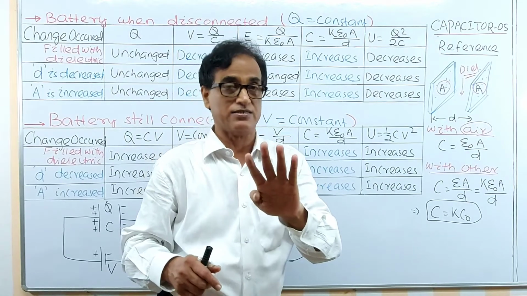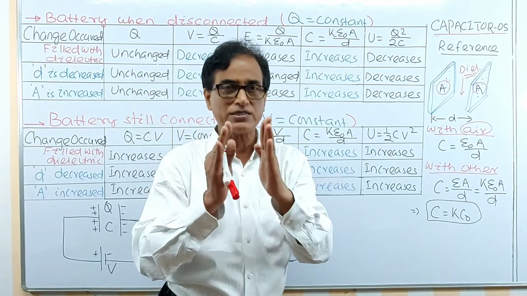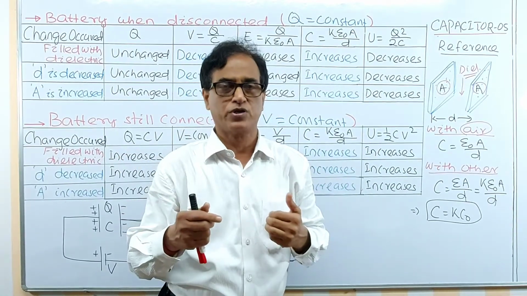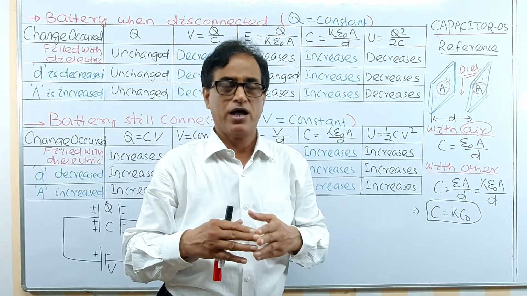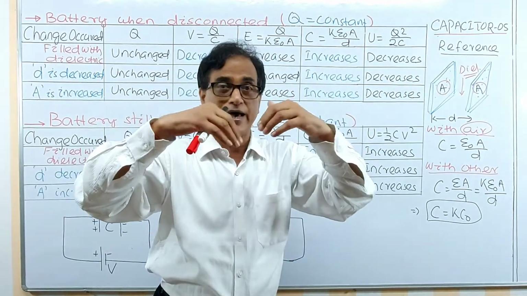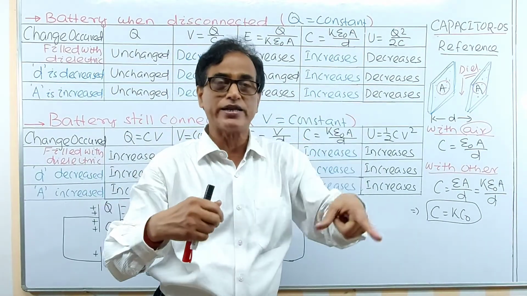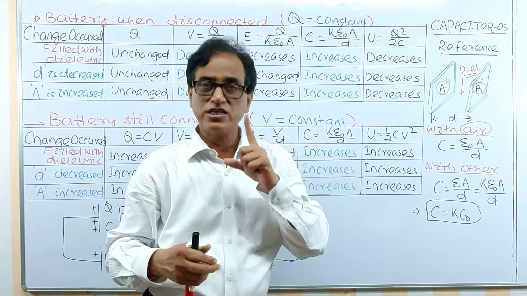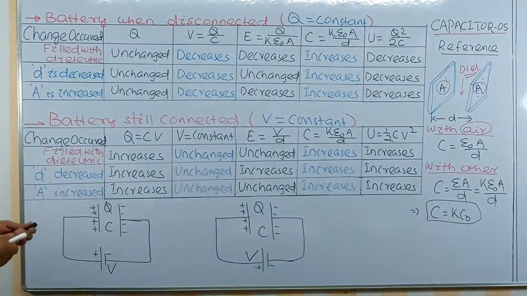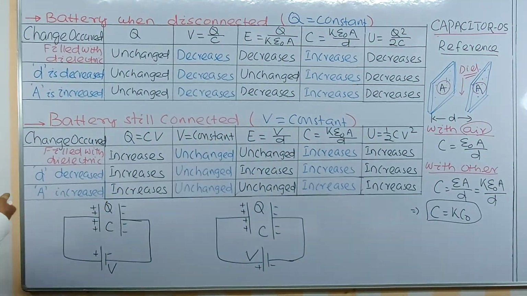In these three cases, if you decrease the separation, capacitance increases. If you increase the area of the plate, capacitance increases. And if you change the air by any other dielectric whose dielectric constant is more than the air, then capacitance increases. Now these three cases I will consider for various important short questions.